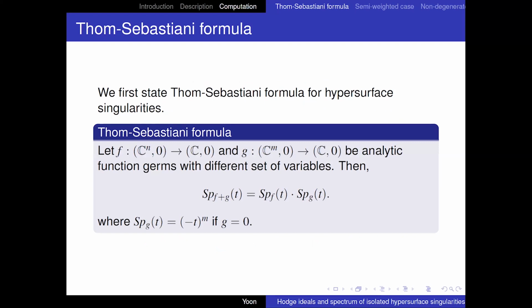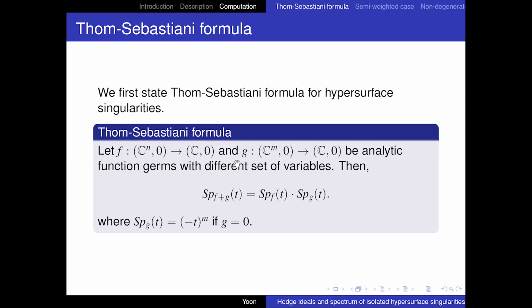So anyhow, let's start with the Thom-Sebastiani formula first. When you have two function germs, f and g, with different sets of variables, if we calculate each of the spectrums, then the spectrum of the sum f plus g is the multiplication of the spectrums.